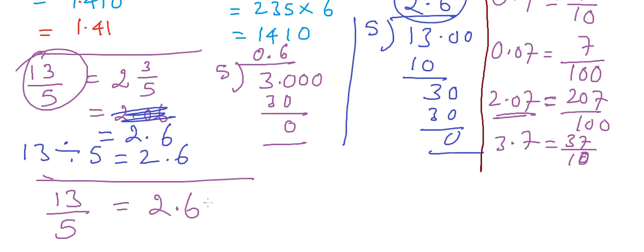So that means after 6 there is no more decimal place, correct? So this type of decimal is called a terminating decimal, because we got remainder 0 when we divided 13 by 5.